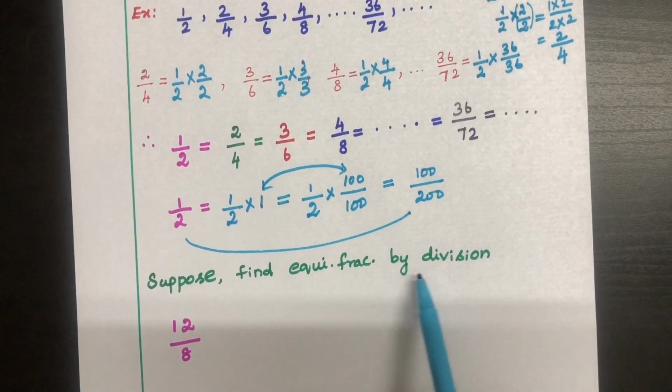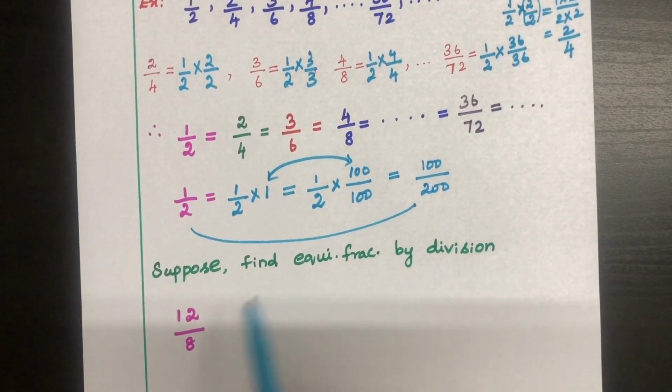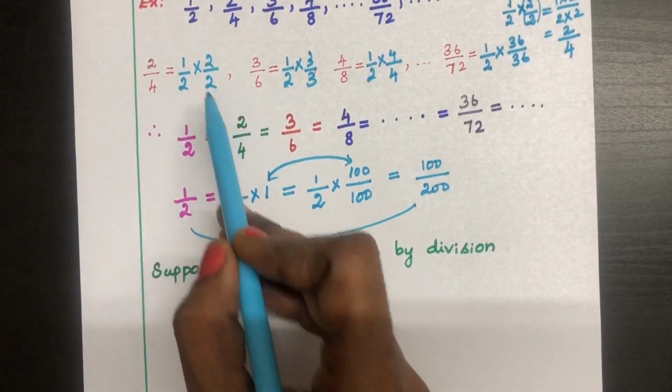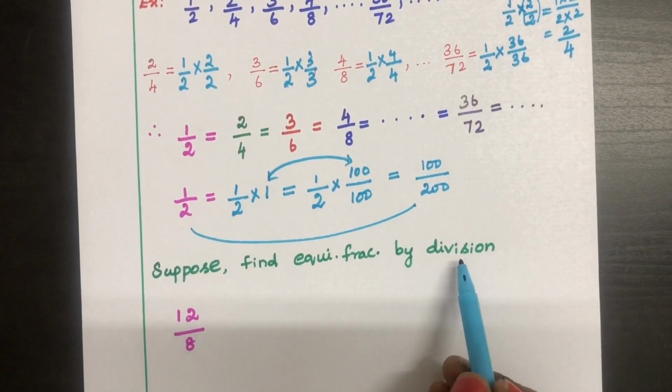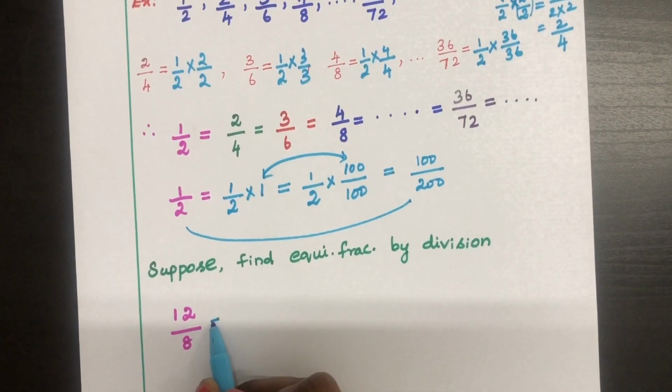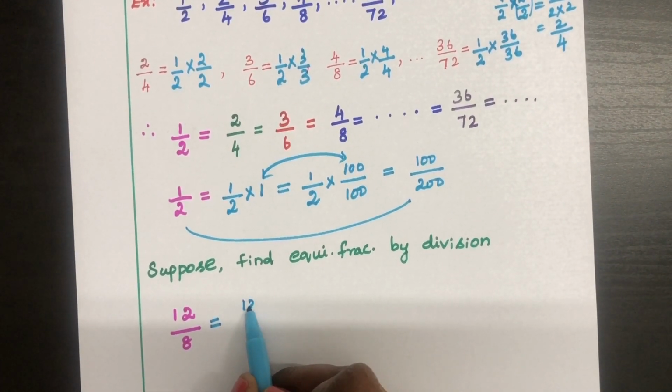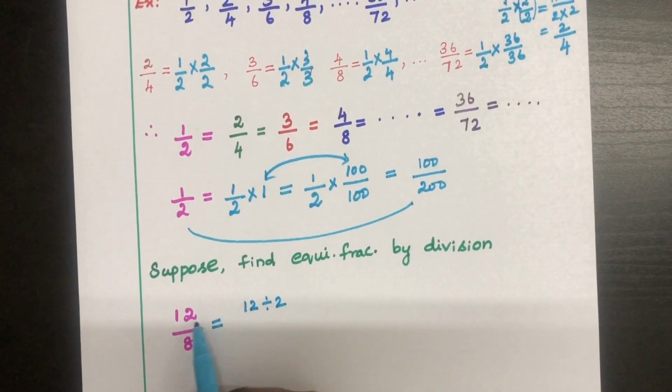Suppose, find the equivalent fraction by division. Same method only, by division. So we multiplied here with the same number. Now 12 by 8 is a fraction. We are going to find the equivalent fraction for this using division. So for this, what are we going to do? 12 divided by 2. So 2 can divide both.